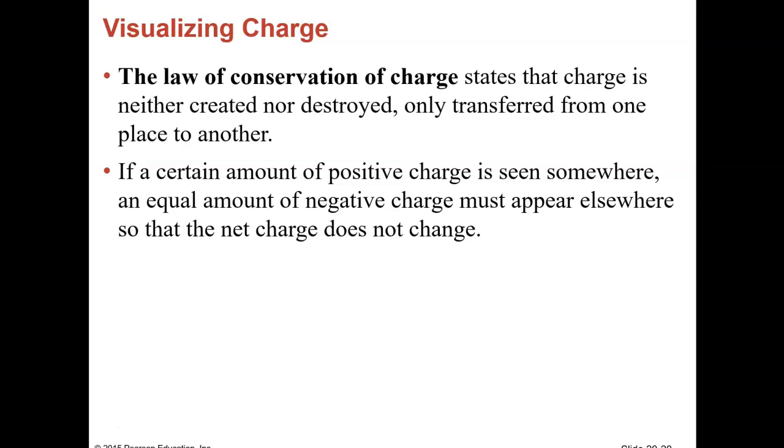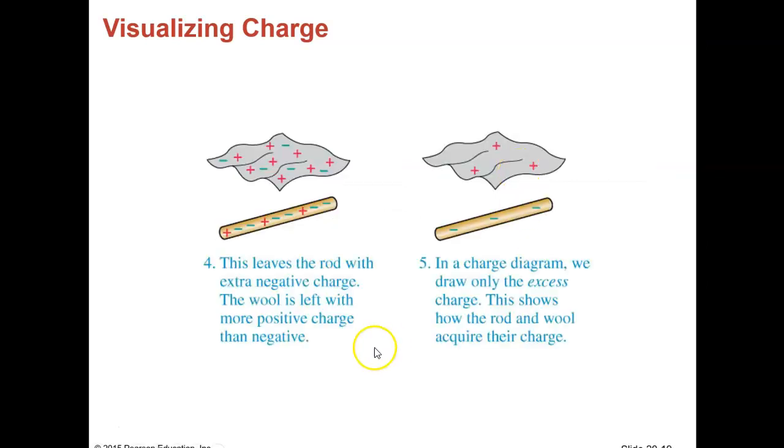So in these cases, the total number of charges is the same. It's just that more of the negative charges are here and the net positive charge is there, but the total number of charges in number 5 is the same as in number 4.